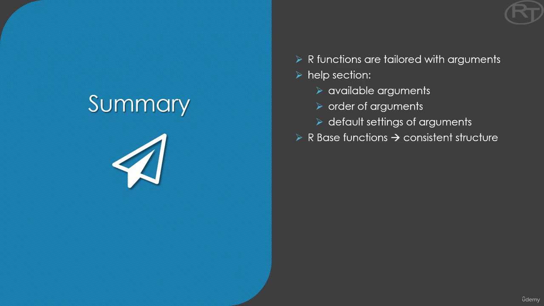Fortunately, our base functions have similar structures most of the time. You will find that x or data denotes the input data for a given function, and this will be the first argument most of the time. You will also find that the formula argument is used in some instances, for example with a box plot or a linear model.